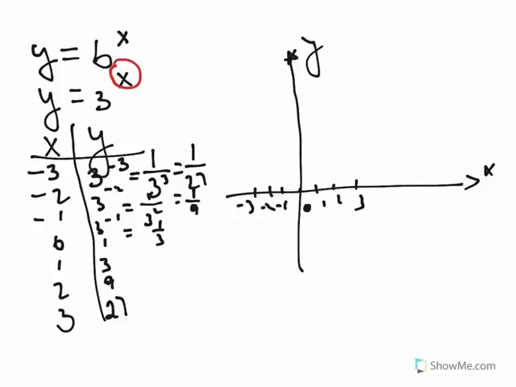The graph goes through 27, which is a big number, and starts with 1 over 27, which is a very small decimal number. So I'm going to continue through 9. I'm going to pick 1, 2, 3, 4, 5, 6, 7, 8, and 9. And you can continue after with the graph.